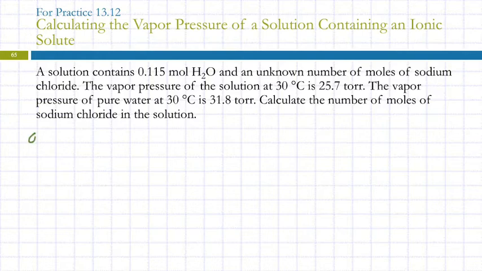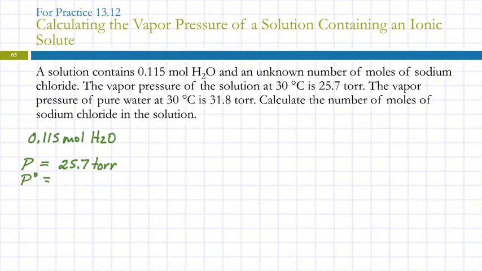So we've got 0.115 moles of water, and we don't know how many moles of sodium chloride. The actual vapor pressure is 25.7 torr. The vapor pressure of pure water is 31.8 torr.